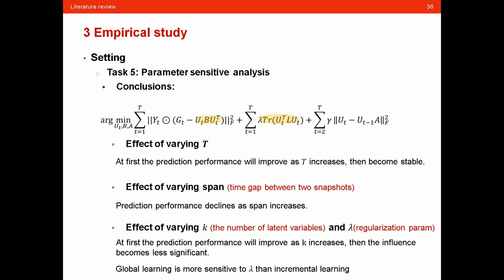Then the influence becomes less significant, which means that the dimension of the latent traffic state is important to the prediction at first, but when the dimension becomes large to some extent, its function is not so significant. And another conclusion is that global learning is more sensitive to lambda than incremental learning.